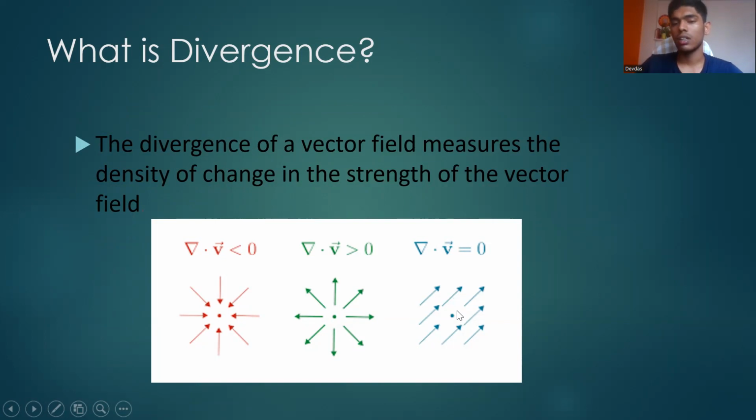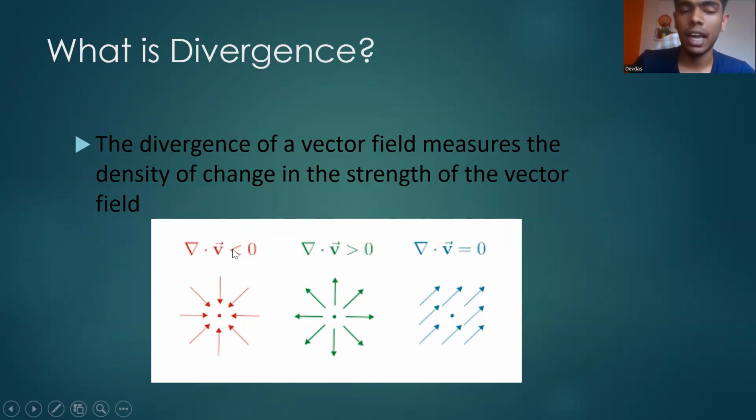Here, the field lines are not diverging from the point, but they are in different directions. So it's not related to this specific point. Therefore, the divergence is equal to zero. Mathematically, divergence of a vector is represented by this equation, which is del dot vector field.